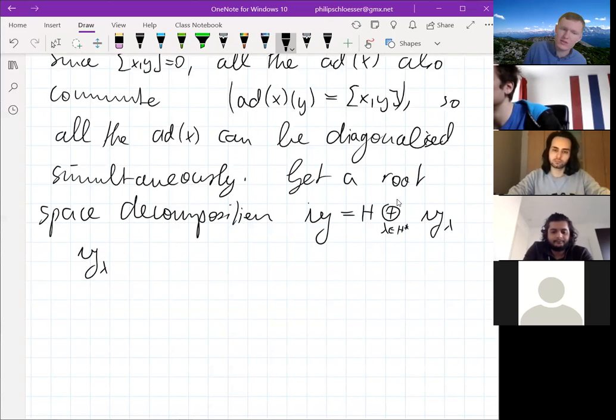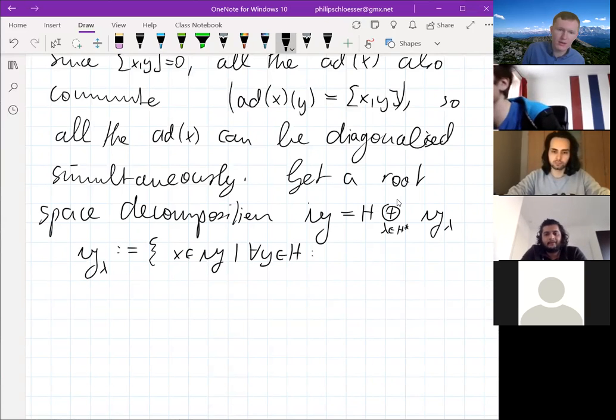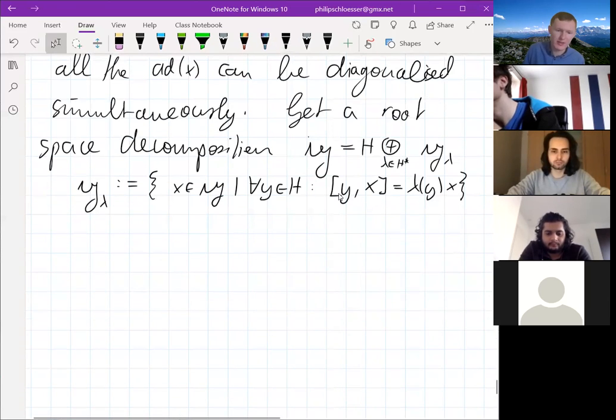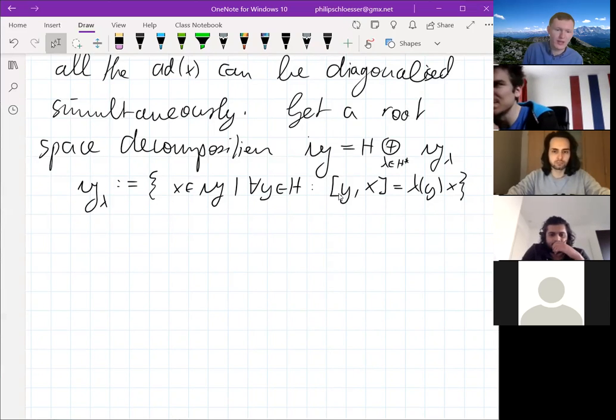G lambda consists of those x in G such that for all elements y in H, the commutator of y with x is equal to lambda of y times x. So we are saying this is the eigenspace with eigenvalue lambda of y of ad y for all y in H.